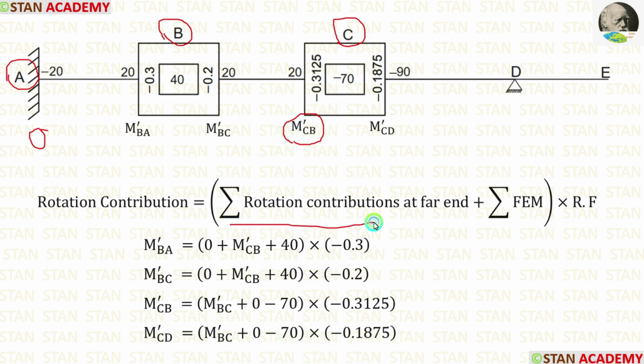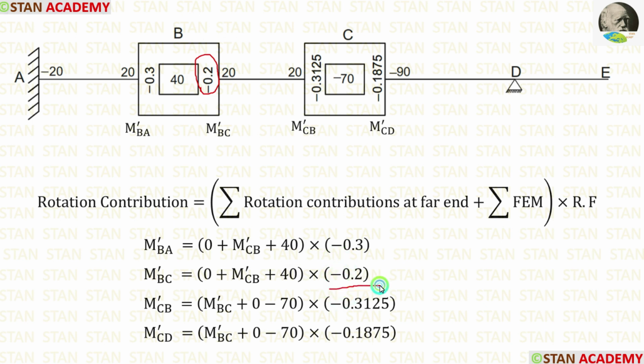So, for the summation of rotation contributions at the far end, we are having 0 plus M-CB. The summation of fixed end moment is 40. The rotation factor for BC is minus 0.2. We can see that for M-BA and M-BC, all the values are same except the rotation factors.